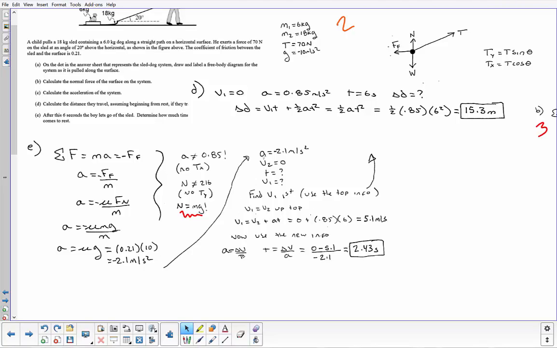I now know I have a change in velocity of that value, because I've got to go to rest. So my change in velocity is going to be my final 0 minus the 5.1 over that 2.1 acceleration I had way over here, showing that it takes approximately 2.43 seconds for the dog and the sled to come to rest. Now, I believe the dog would have jumped off by that point, so perhaps everything would be different. But assuming the dog stays on the sled, 2.43 seconds to come to rest.